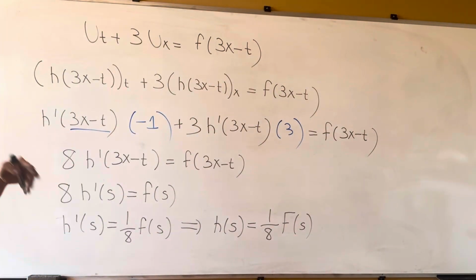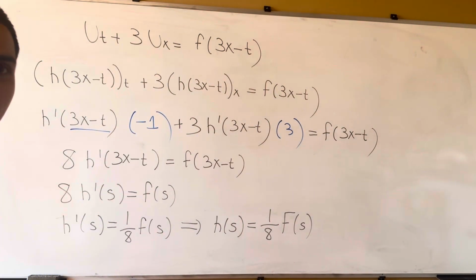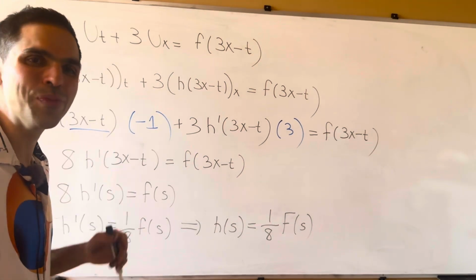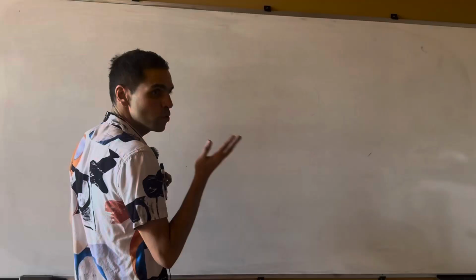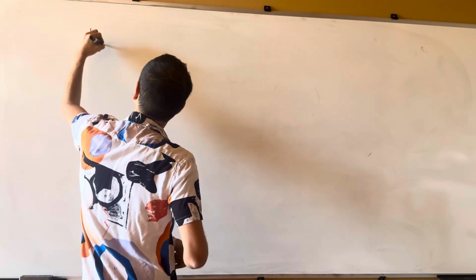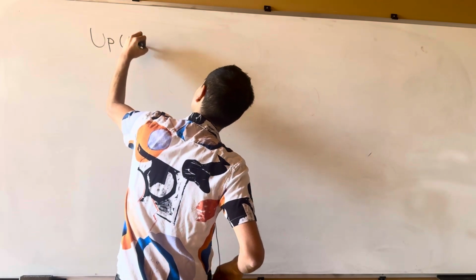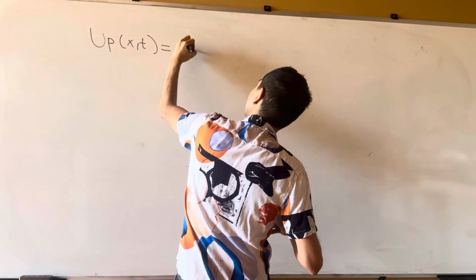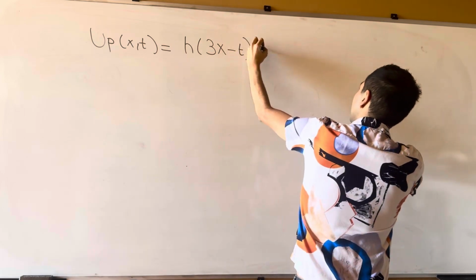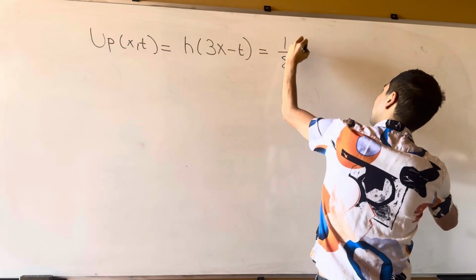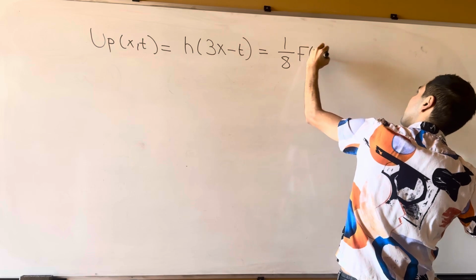Which is good because we found our function h, and now in particular, no pun intended, we found our particular solution. So once again, u_p(x,t), I believe that was h(3x − t), and we end up getting 1/8 F(3x − t).